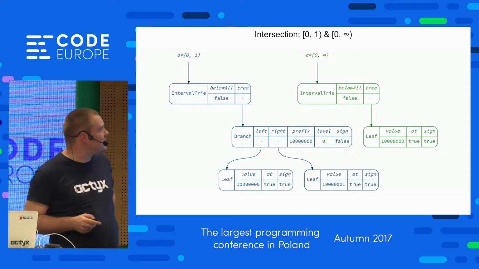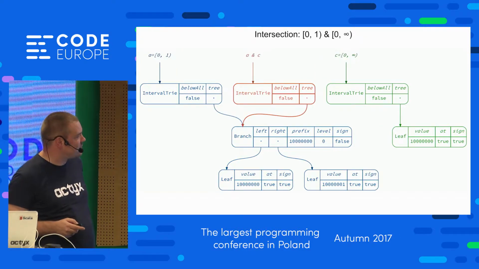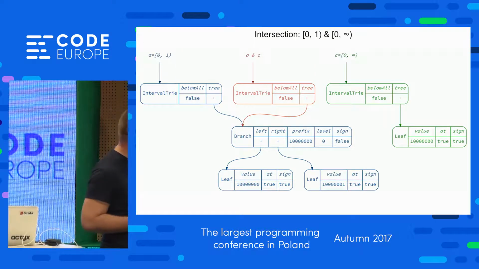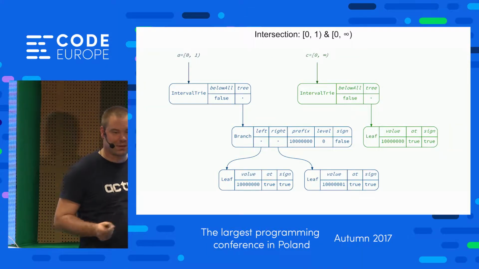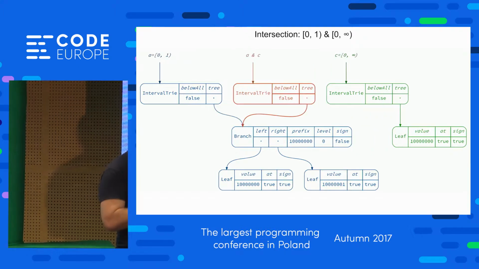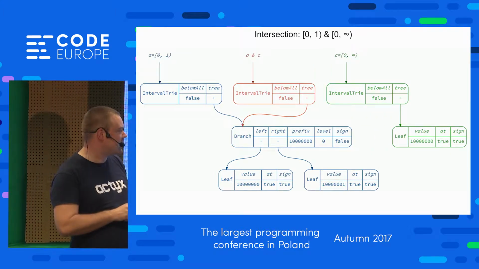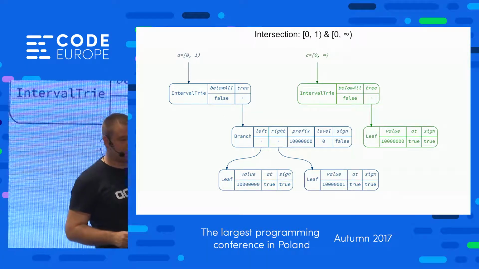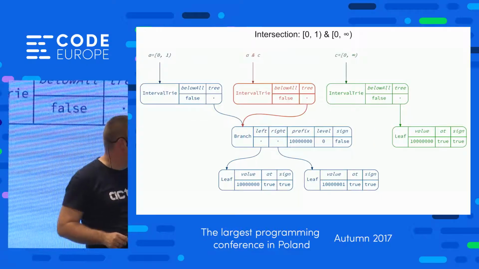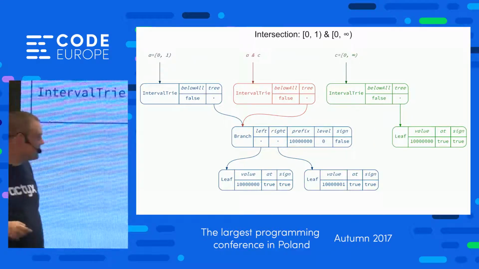So this is basically intersection. These are two trees, and we compute the intersection of them. Due to the fact that we can reuse large parts of each tree, the only thing we have to do is to add an additional node on top, which reuses this part of the tree. So this is very efficient.